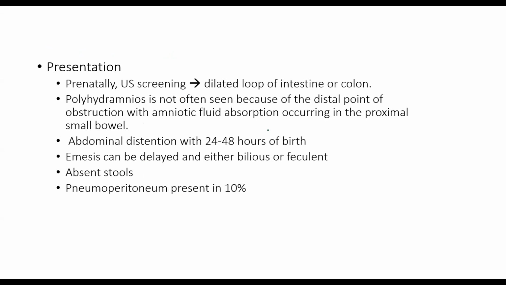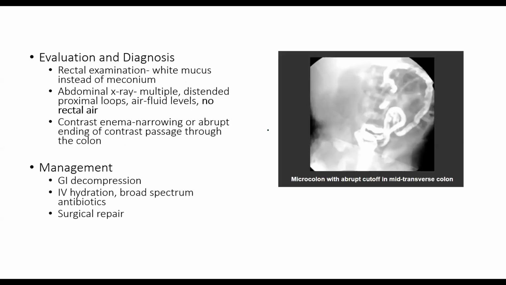And the obstruction sometimes does not appear early, so it appears a little bit after 24 hours, not like proximal obstruction. This is the distal. So it takes time for the stool, the food, to go all the way to the distal, and then the baby is going to show symptoms. If the baby has complete atresia, you will see no meconium. Also, those babies can present with pneumoperitoneum, up to 10% of cases, from perforation.